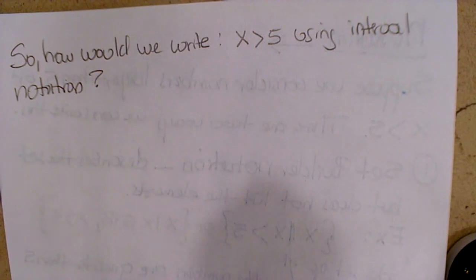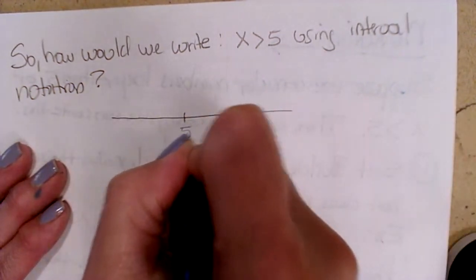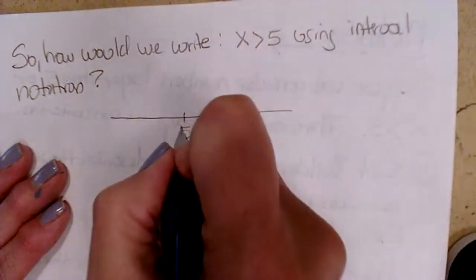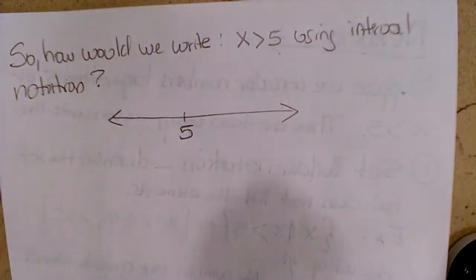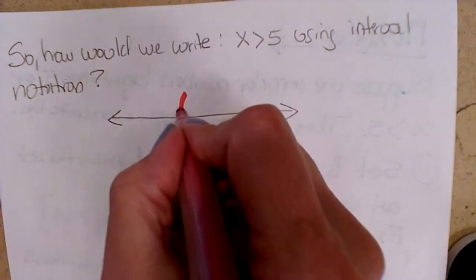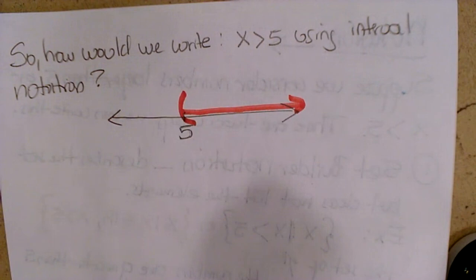So we need to see, okay, is 5 a lower bound number or an upper bound number? So let's use the graph. So we have the number 5, okay? And it's going to be open this way, right?